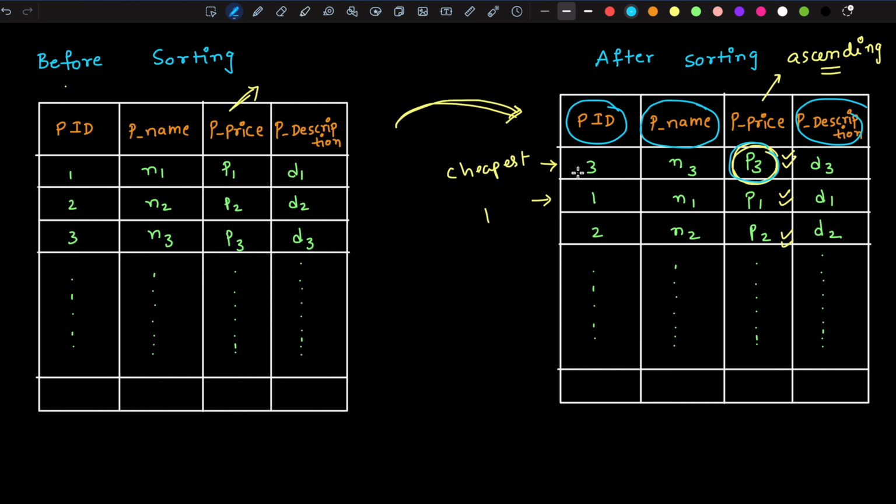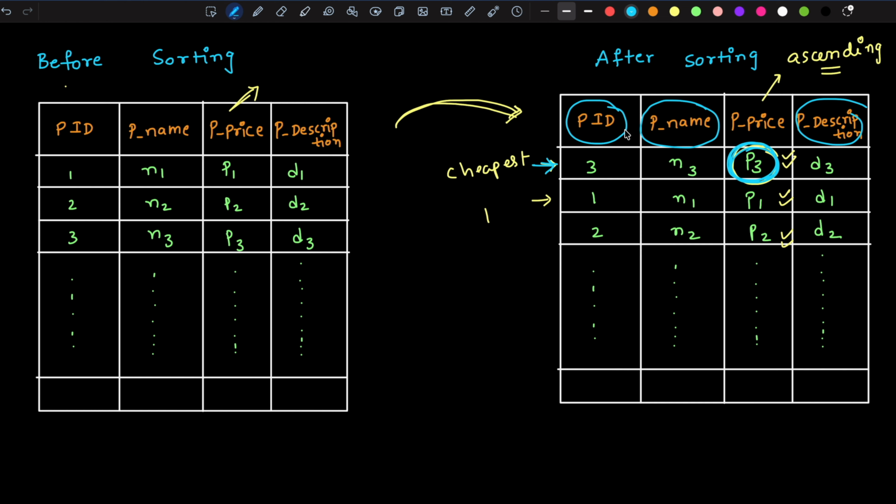That is not what happens here. All other values are also rearranged. If P3 is the smallest value, then after sorting the entire row corresponding to product 3 moves to the top, not just P3 alone, right?